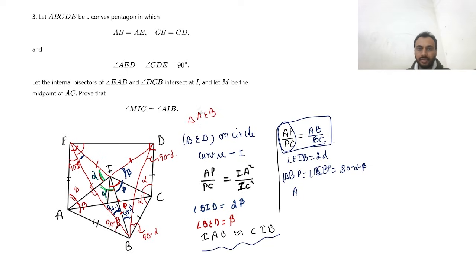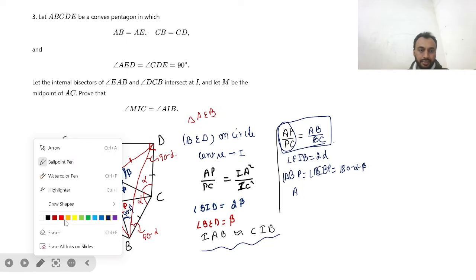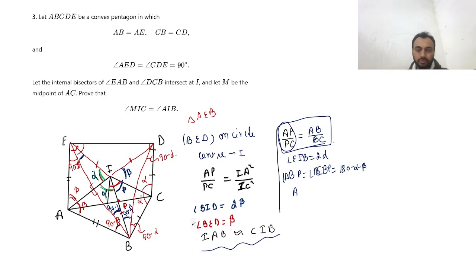As these two triangles are similar, I will try to make AB by BC in terms of IA square by IC square. AP by PC I will try to convert to IA square by IC square. So for that, if I first find out AB, I can say AB by IB is equal to IA by CI is equal to IB by BC. Okay, so to get AB we can use this.